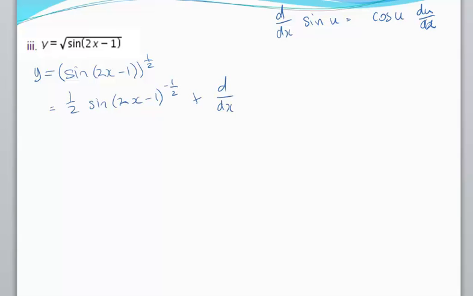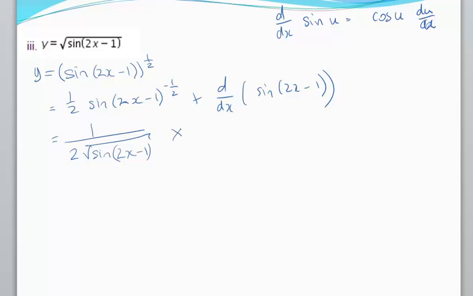here we differentiate sine of 2x minus 1. So we can write this out, this becomes 1 on 2 root sine of 2x minus 1 multiplied by, if we differentiate our sine 2x minus 1 it will become cosine of 2x minus 1 multiplied by, so we differentiate our 2x minus 1 will give us 2.